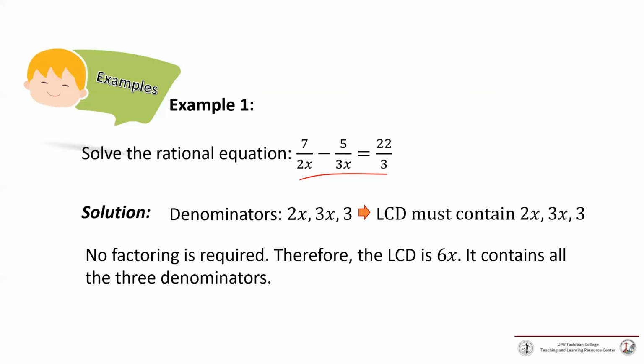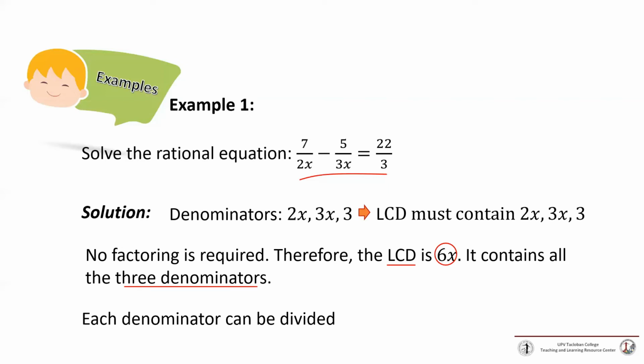Now the LCD is 6x because 6x contains all the three denominators. In other words, 6x can be divided by 2x, can be divided by 3x, and can be divided by 3. So again, that's our LCD.